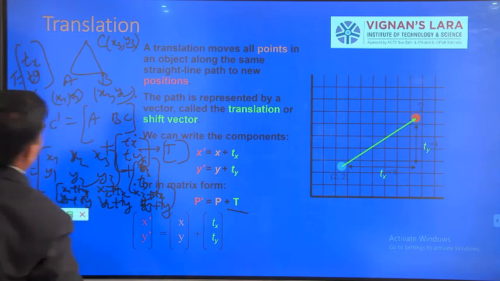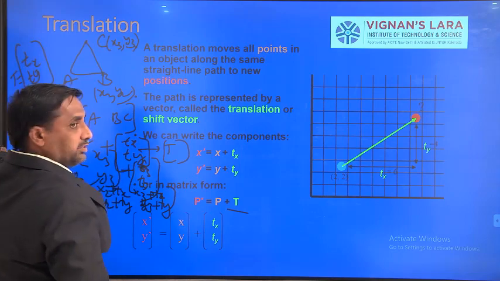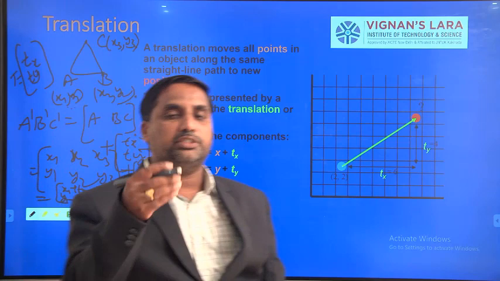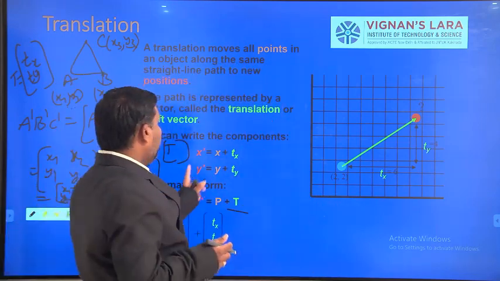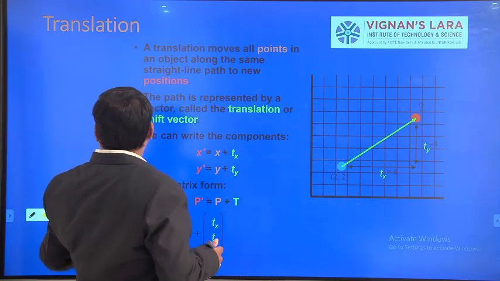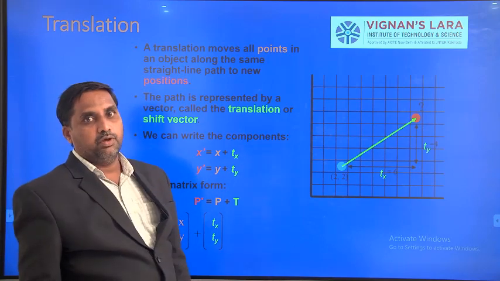We have to add the Tx value to all x coordinates and the Ty value to all y coordinates, so that you will get the final position of the triangle after translation by Tx in the x direction and Ty in the y direction. This is about translation. After that, we can move on to rotation. Okay, thank you very much.